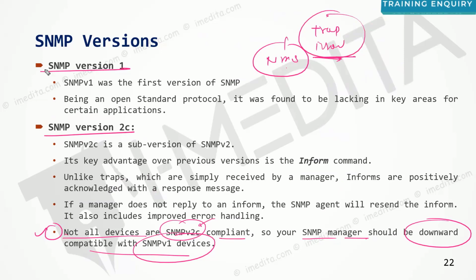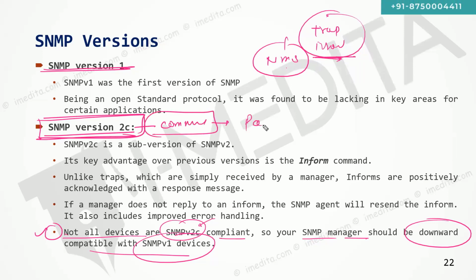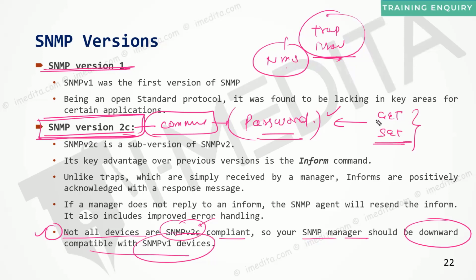So we have two versions. Version 2C is the most popular version, and C stands for community, which basically gives us the ability to set some kind of password for SNMP, so that not everyone can access the device, or retrieve the information from the device, or set the information on the device. We can set some sort of password in the format of this community string.